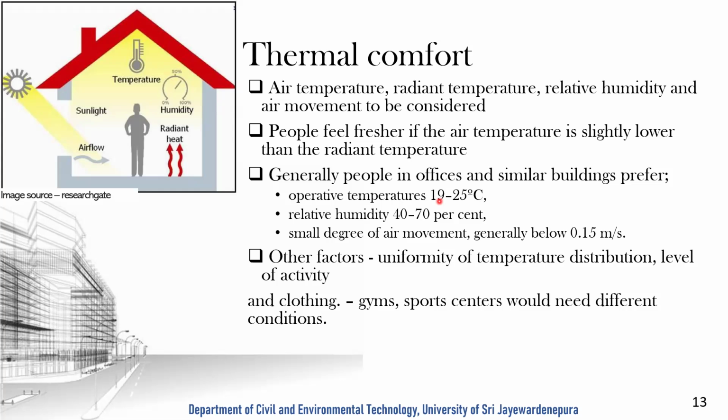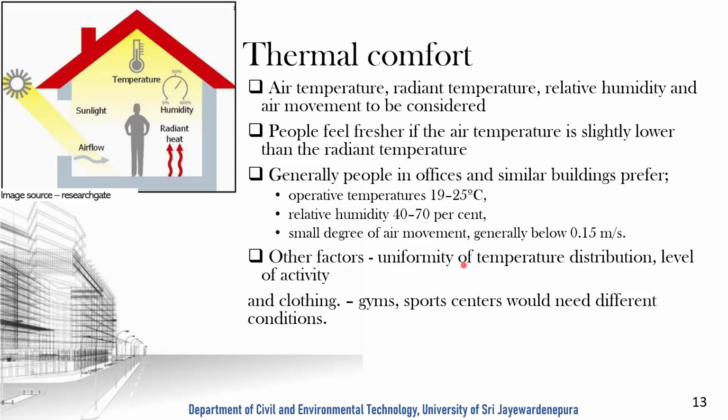And also there should be a small degree of air movement, like fans or other air circulation, generally below 0.15 meters per second. So these are the main requirements to achieve thermal comfort.